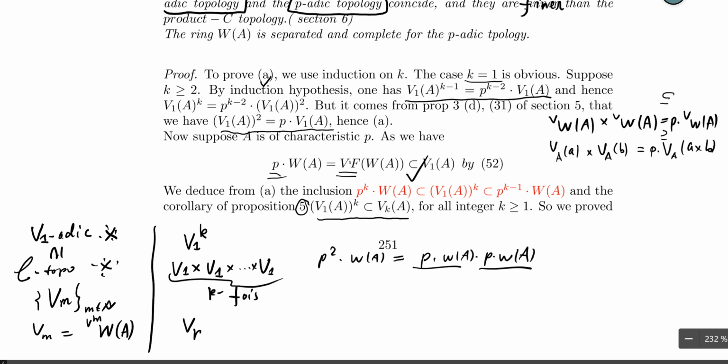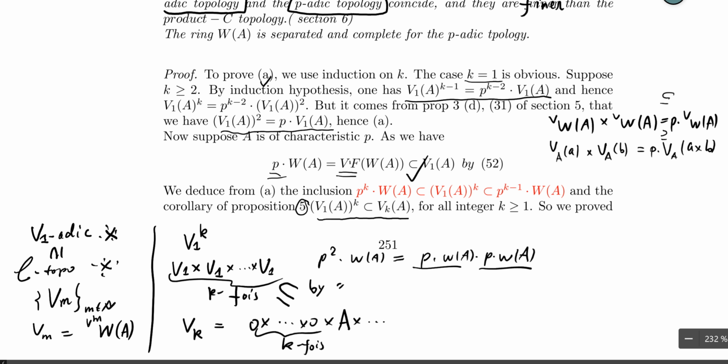What is this with k? It is 0, product k times, product with A. We know this is inside here by our relation.